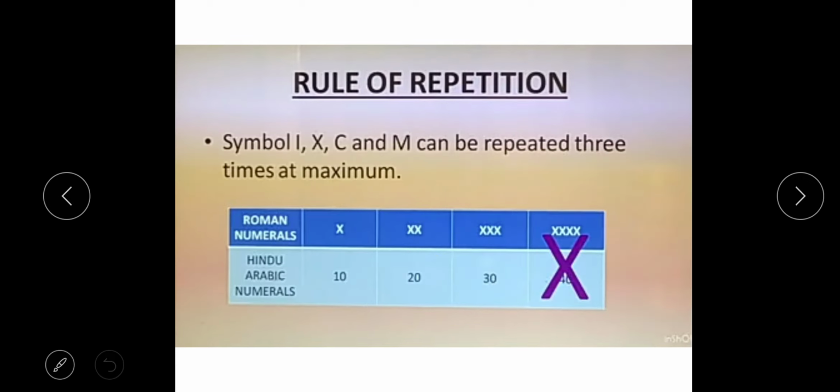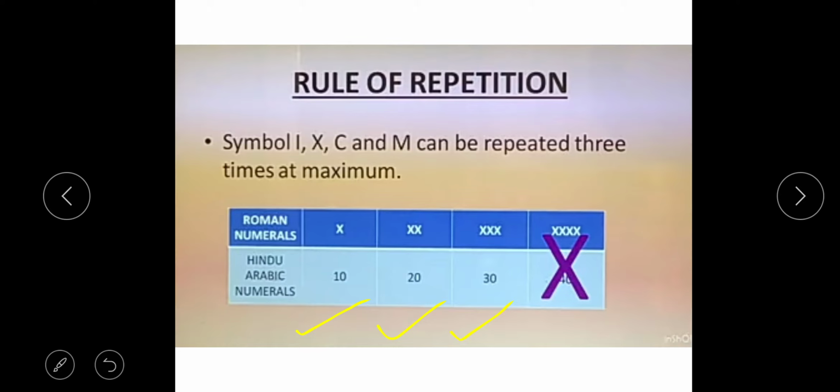Then next, the symbols I, X, C and M can be repeated thrice at maximum. Symbol I means 1, X means 10, C means 100 and M means 1000. These Roman numerals can be repeated a maximum of only 3 times. See, in the first boxes here are 10, 20 and 30. What is in the fourth box?